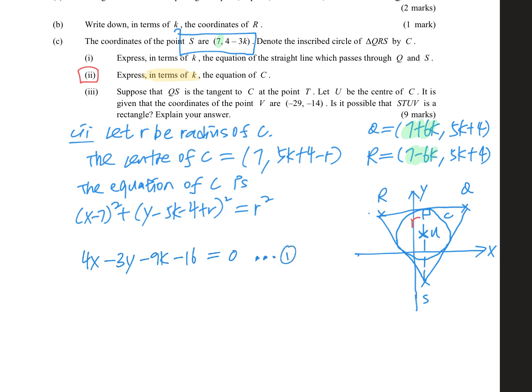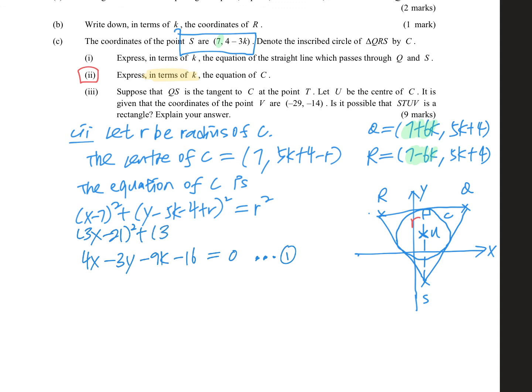Since we want to do the intersection, that means we consider the simultaneous equations between the straight line equation and also the circle equation. So we try to scale up the equation of the circle a bit. In that case, I will multiply both sides by 9 on the equation of the circle. So it becomes 3x minus 21 all squared.